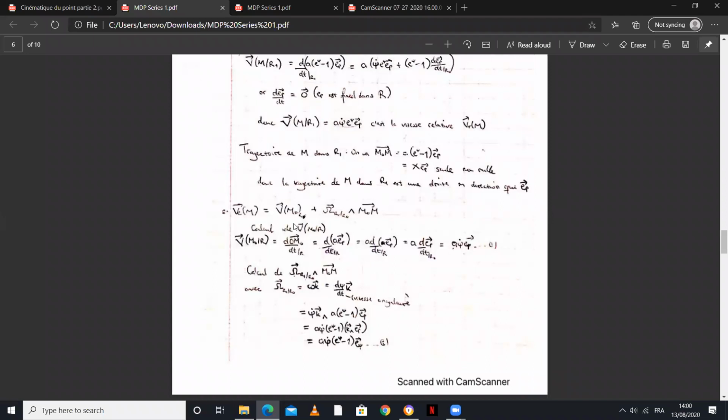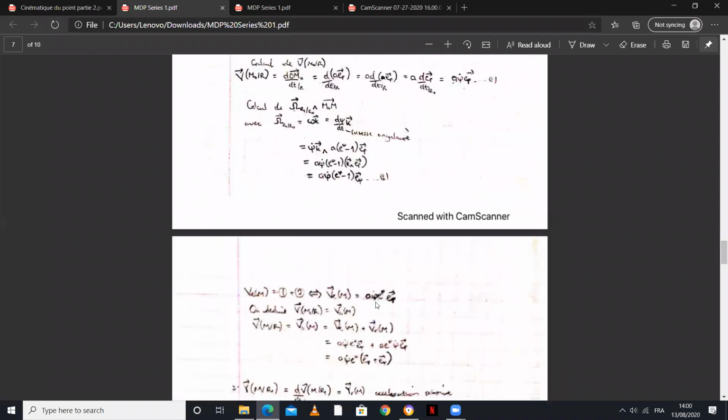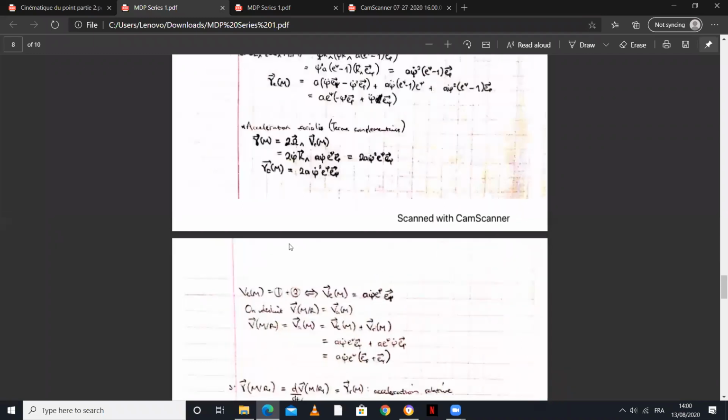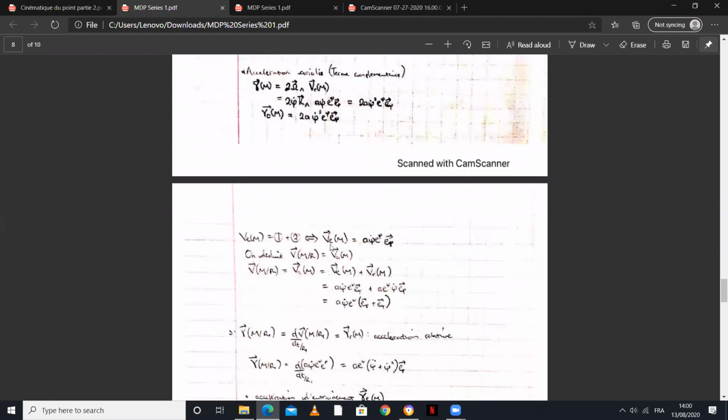So for you to get your vitesse d'entraînement, you are simply going to add this first part and this part here. You add and simplify. This page is not clear, but it's the same page as the next one. I did not realize that. So when you add the first equation that we found and the second equation that we had and simplify them, you are going to get this expression there.